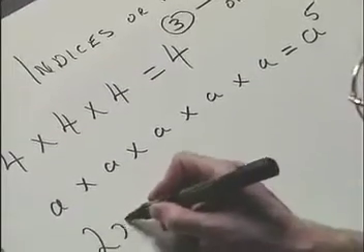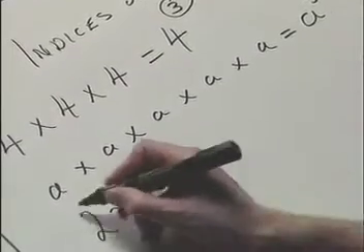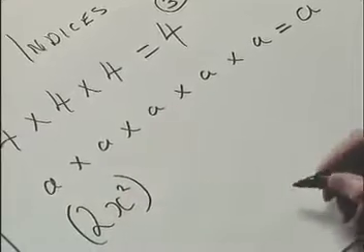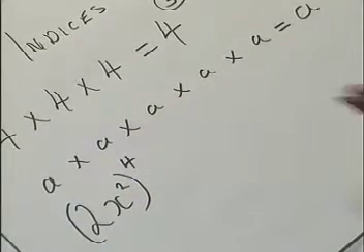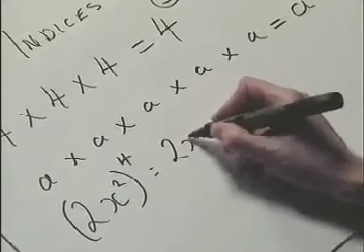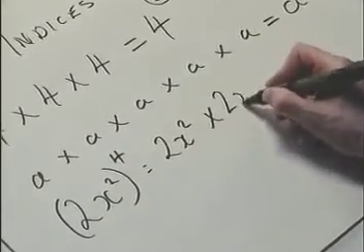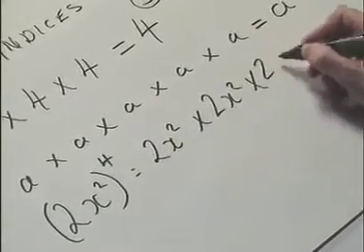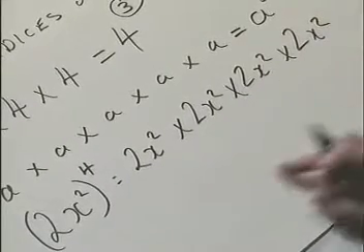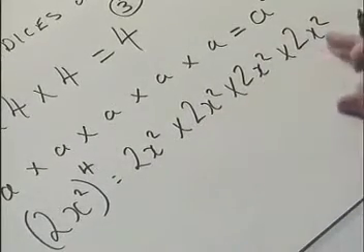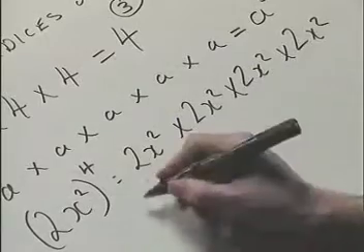What if we had something like 2x squared raised to the power 4, let's say? Then that would mean 2x squared multiplied by 2x squared multiplied by 2x squared multiplied by 2x squared. 1, 2, 3, 4 of them all together.